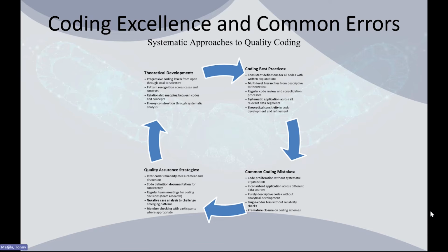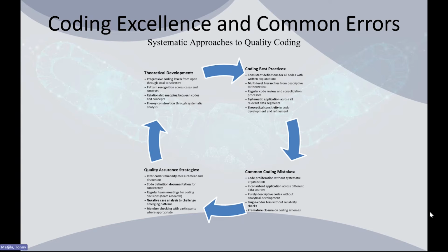And premature closure, yes, sometimes people will code and not look at co-occurring codes and prematurely close their project. I think you need to try and remain open to emerging codes throughout the analysis. And this will form part of your quality assurance, through that inter-coder reliability that we were talking about.